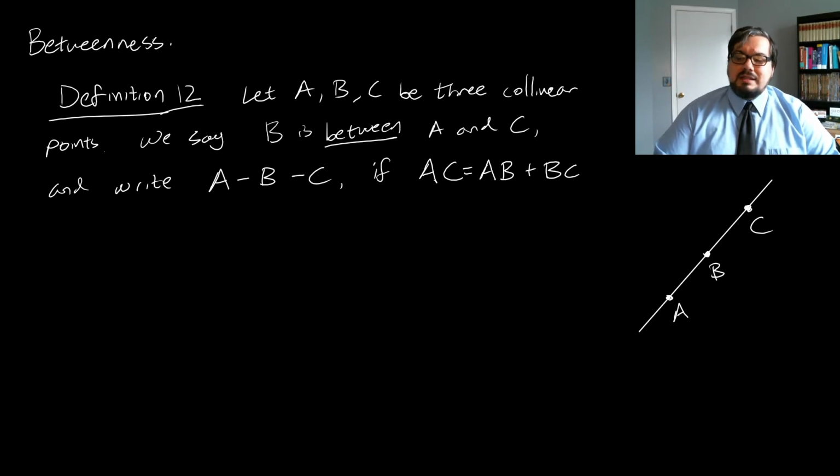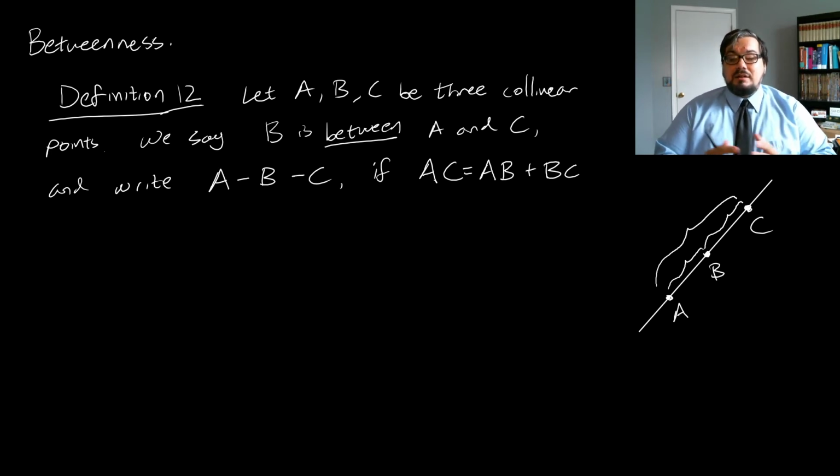So if I look at this line with A, B, and C on it, I can look at the distance from A to C, and I can also look at the distance from A to B and the distance from B to C. And we can observe that in this setup, at least again following our normal intuition, the distance from A to C should be the sum of the distances from A to B and the distance from B to C. And so when that happens, when intuitively B is between A and C, we have this property involving sums of distances.